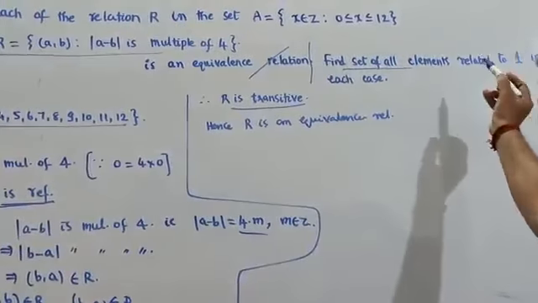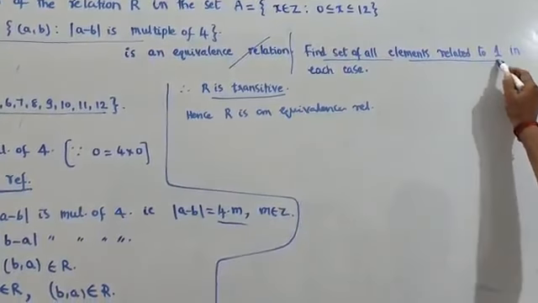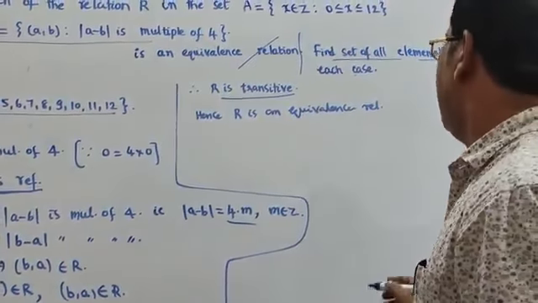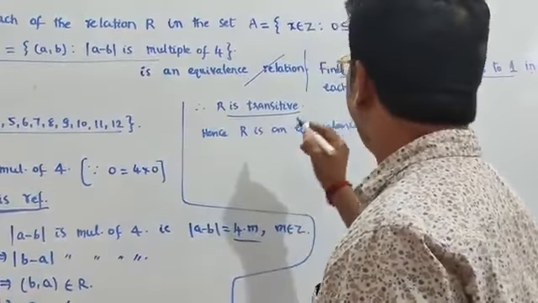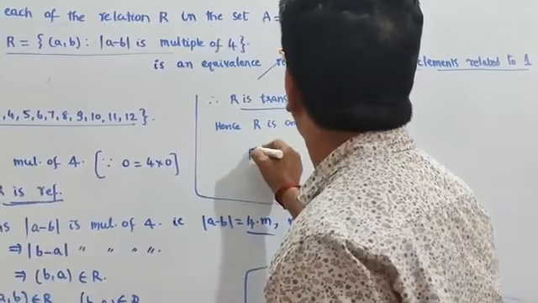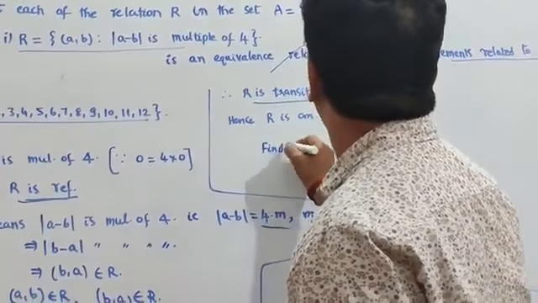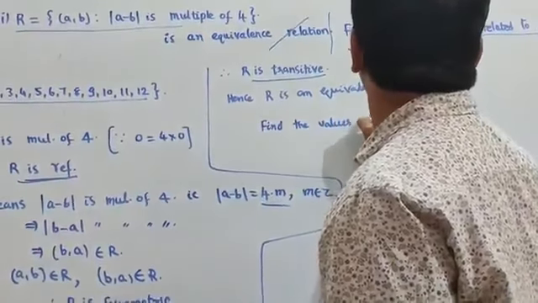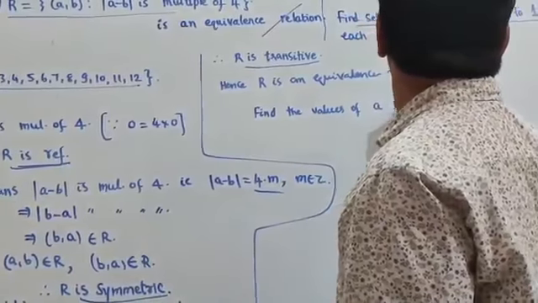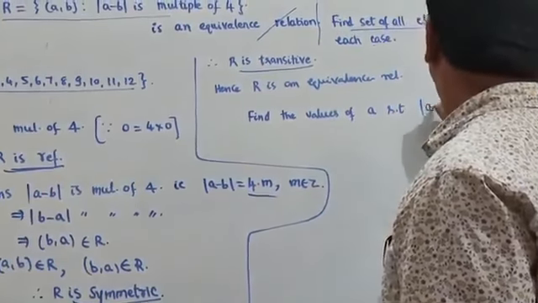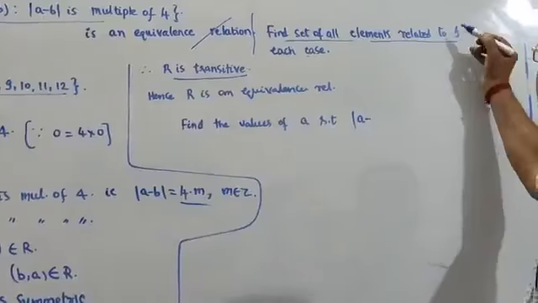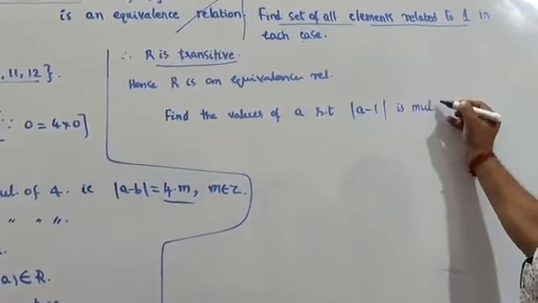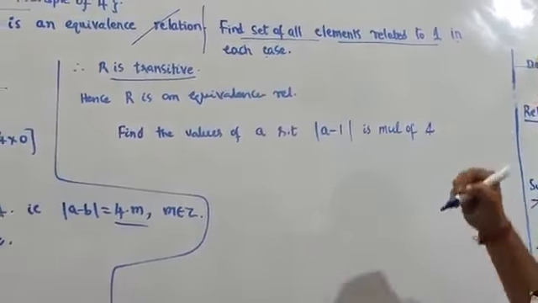Next, find the set of all elements related to 1 in each case. What is the question? Find the values of small a so that modulus of a minus 1 is a multiple of 4.